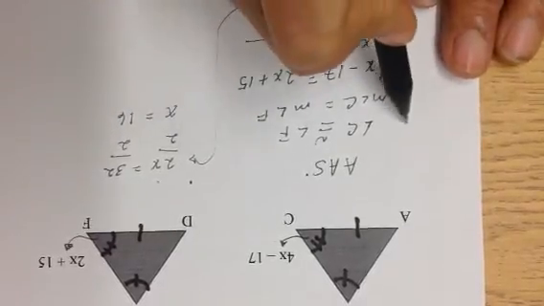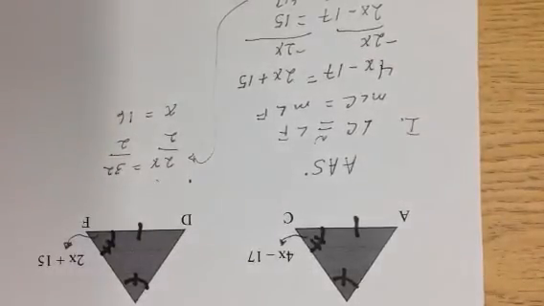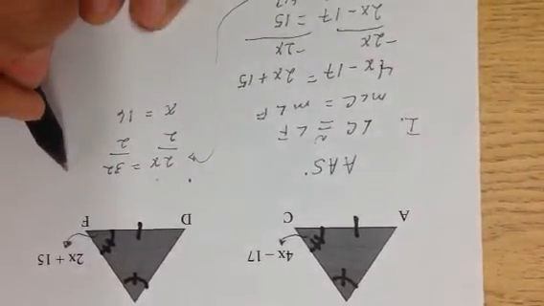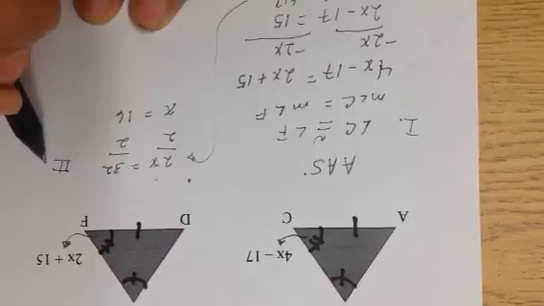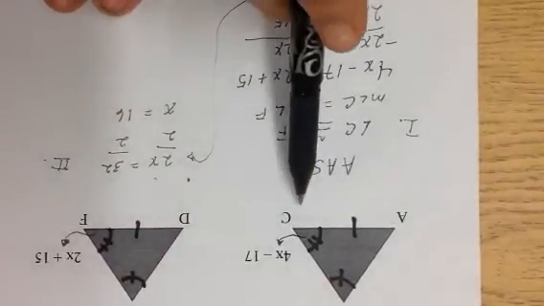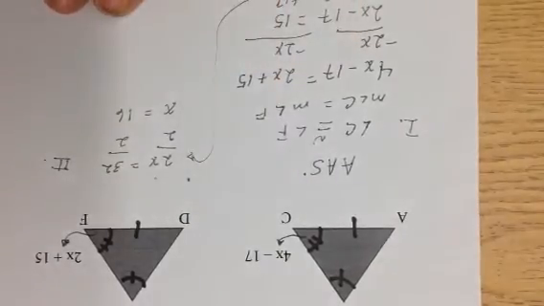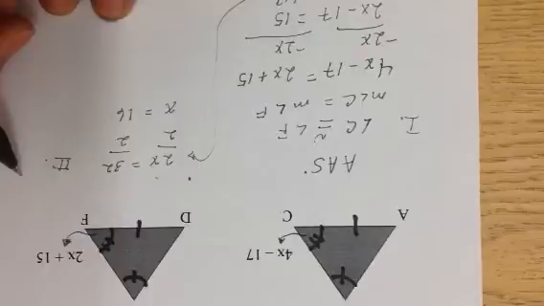Now that's part 1, where I had to solve for x. Part 2 is where I'm going to solve for the measure of angle C or the measure of angle F. I have a choice. And as I said, we always are going to pick the easier of the two.